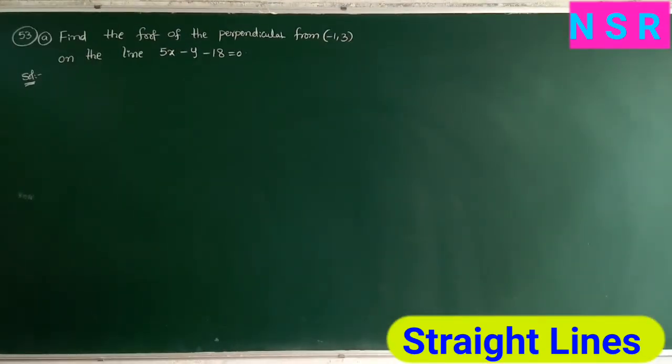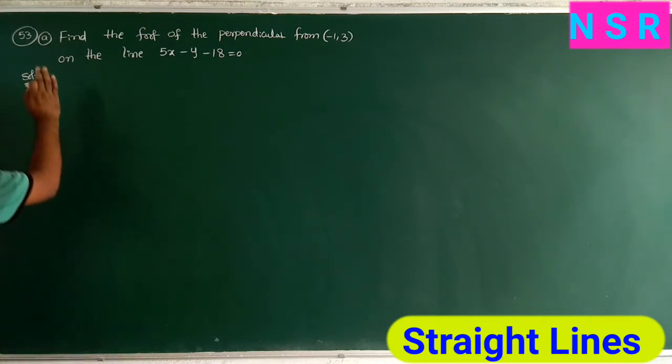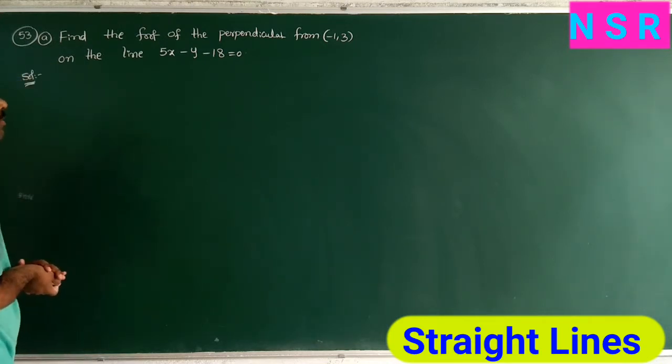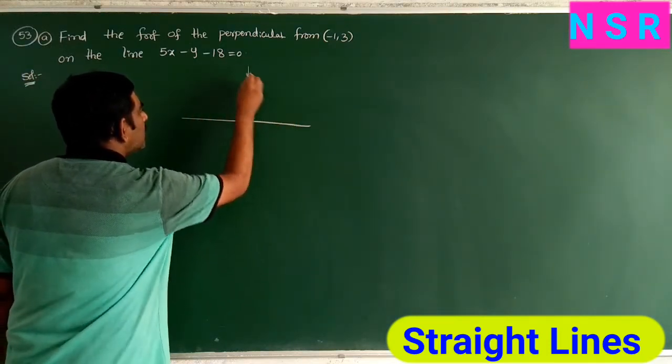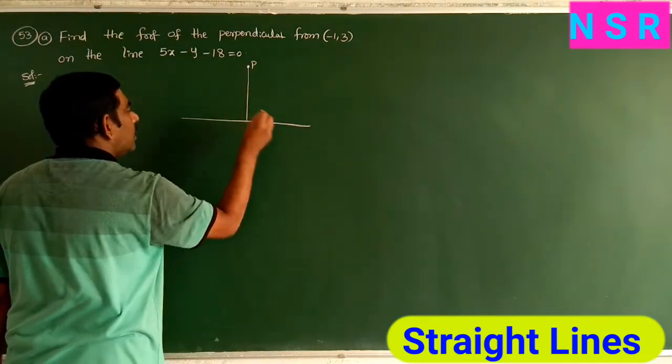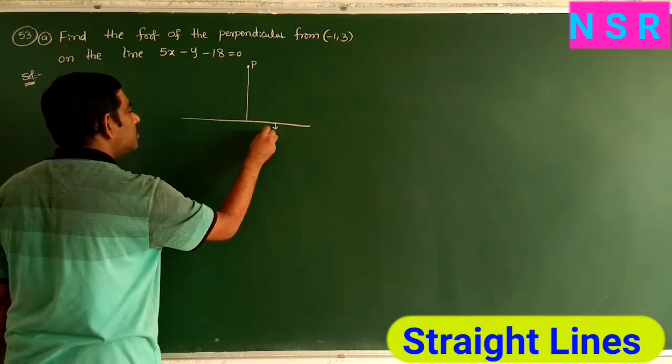So next question number 53. So in 53 we have a and b. I will explain a. Find the foot of the perpendicular from minus 1 comma 3 on the line 5x minus y minus 18 equal to 0. So here foot of perpendicular means, this is point P (x1, y1) and this is the line ax plus by plus c.